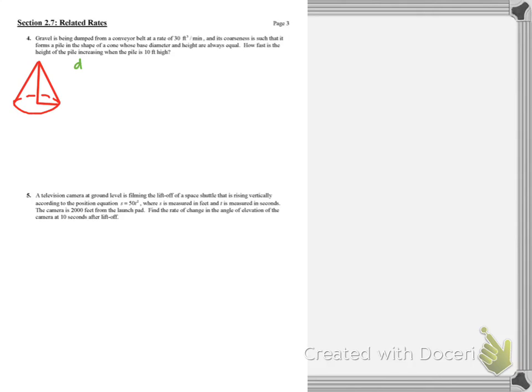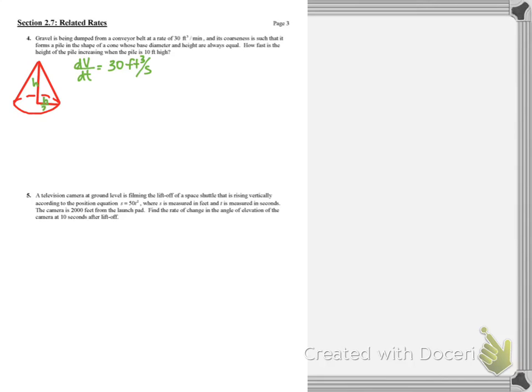And as I start to define the variables, they tell me that the volume is 30 feet cubed per minute. That's how fast it's being dumped, so that's how much is going into the volume of this pile. They also tell us that the height and the base are always equal.